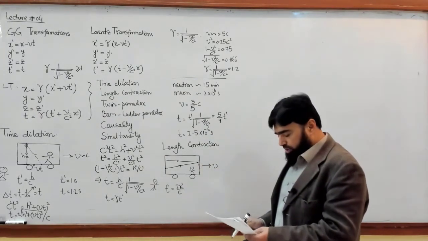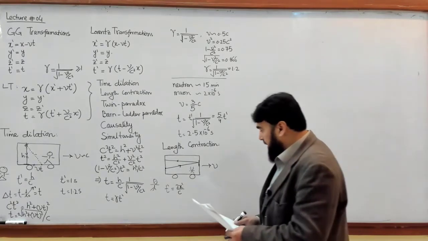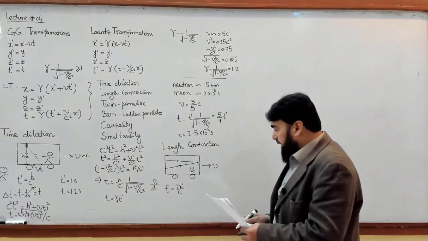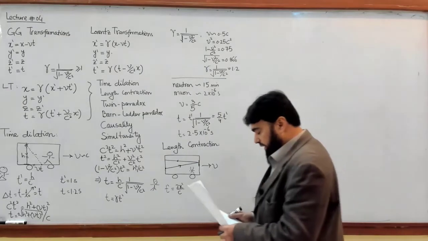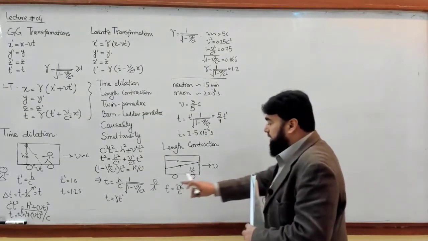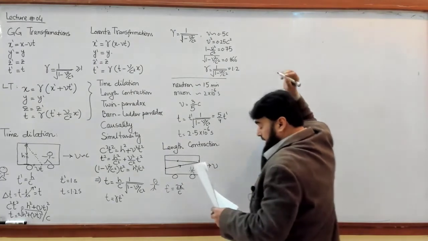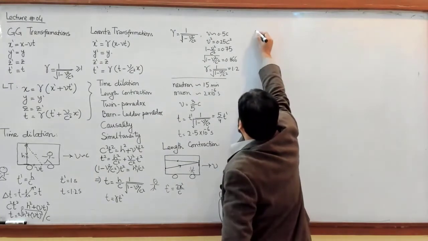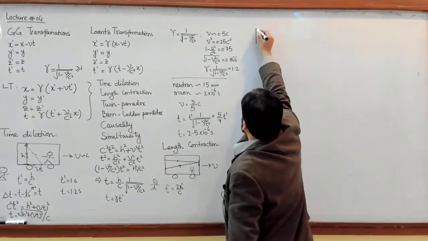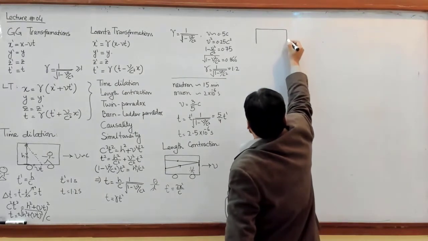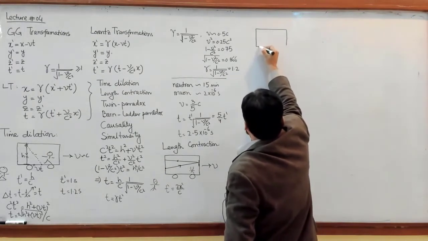And if we ask the other observer how much is their time, what is this observer seeing? This observer is seeing a very complex situation, and this is the box which is moving.